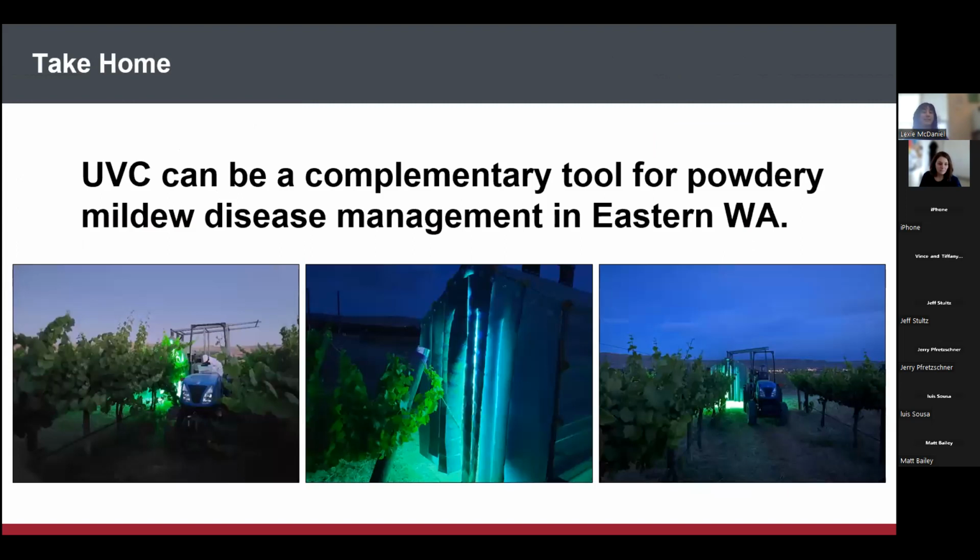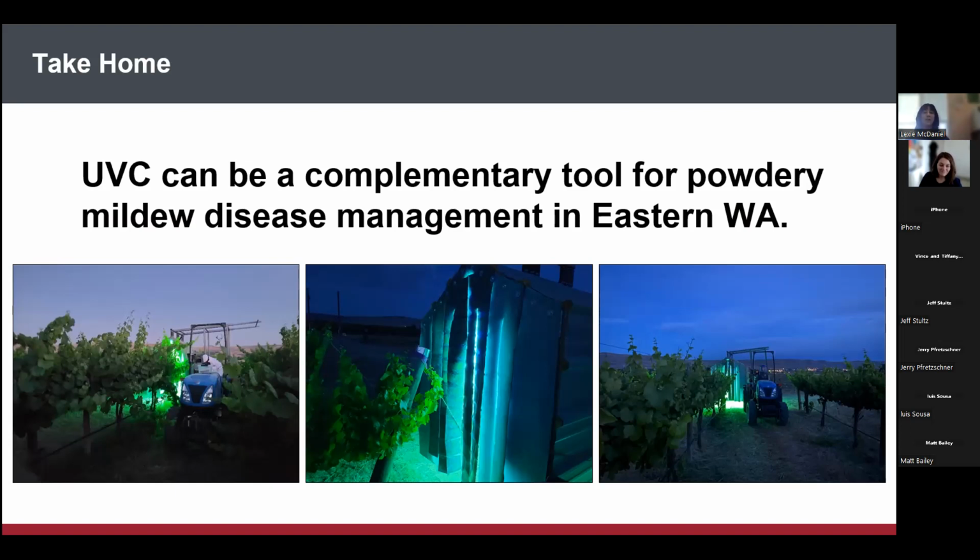So while not always significant, the consistent trend in reduction in powdery mildew disease as a result of 1 time or 2 times per week indicates that incorporation of a UVC light into a vineyard IPM program could be an effective control alternative for powdery mildew management without compromising fruit quality. We believe that with canopy management, we can increase UVC efficacy by exposing the clusters during that critical window.